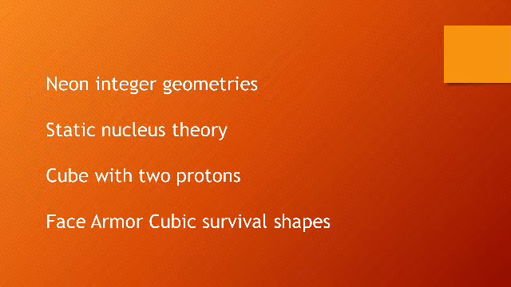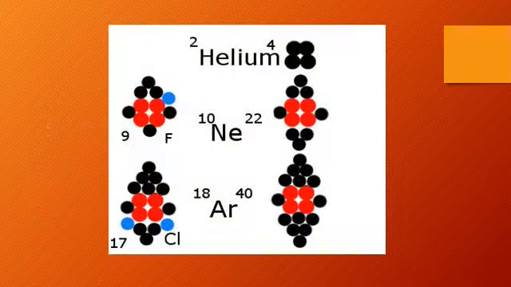So I'm going to be showing you various views of that. And here is the silhouette of the planning. So as you can see, neon is on the right, and it's next to other elements also.